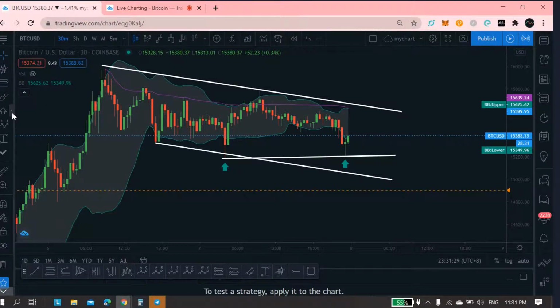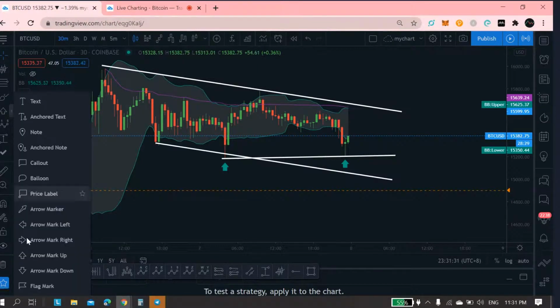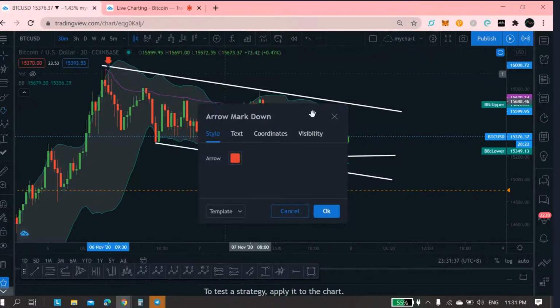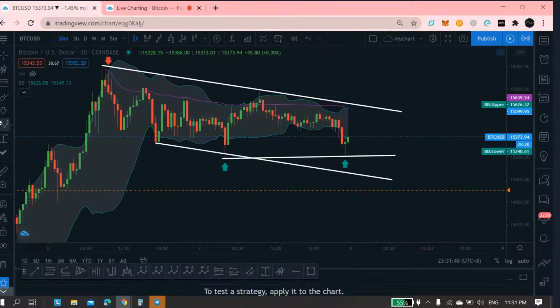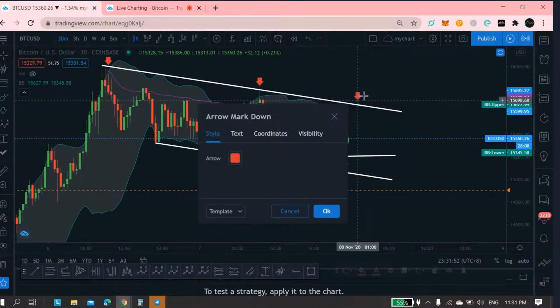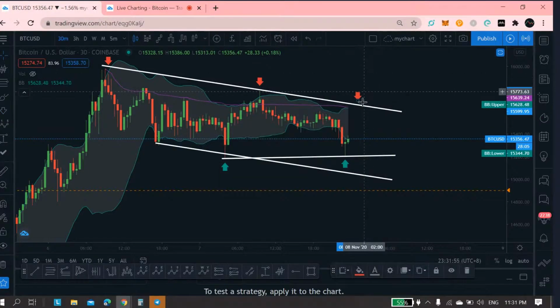And what else? This one. What we use is just the 30 minutes time frame. So possibly, yeah, it will retest this one, and if it breaks out, go long, but if it fails, go short again.